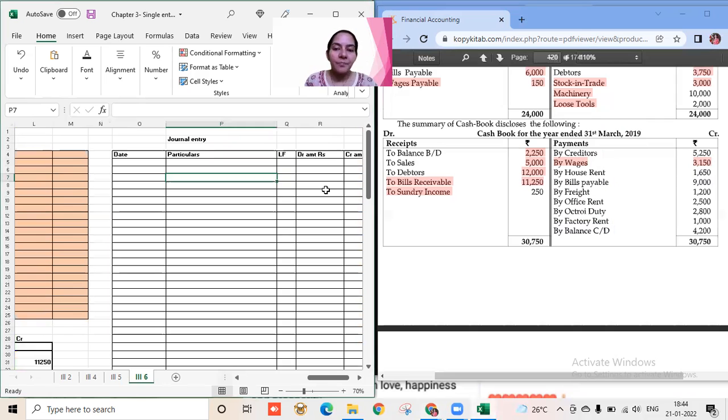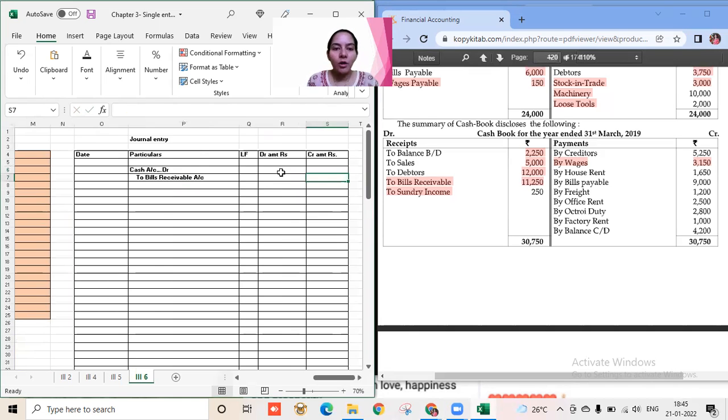Okay. So let's pass this first entry, right? Cash account debit, because they have asked for the journal entries. The journal entry for this bills receivable I'm writing first. Cash account debit to bills receivable account. So we have got the bills of 11,250 honored.